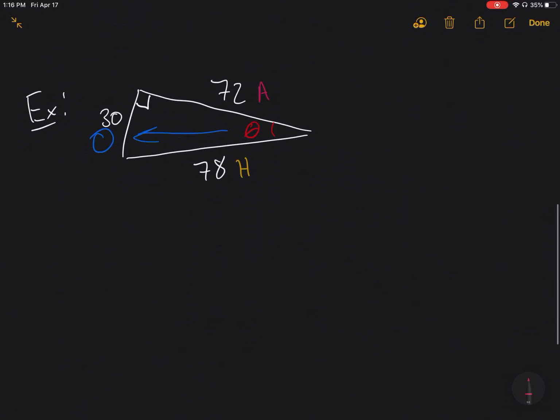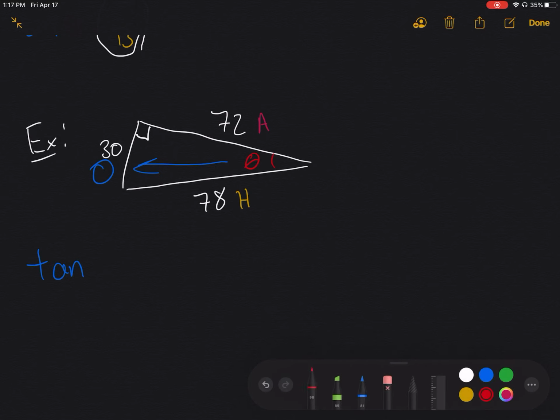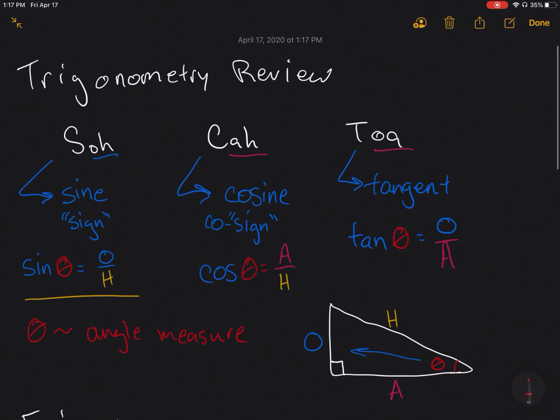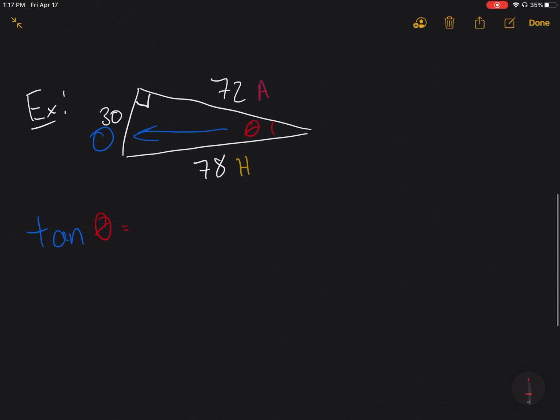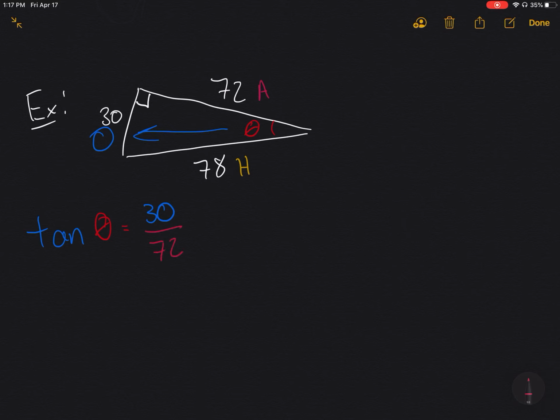Right? So let's say that I wanted to know the tangent of theta. Then to get the tangent of theta, recall TOA, opposite over adjacent. So I want to take the opposite, which is 30, over the adjacent, which is 72. Now I've got the ratio set up right.